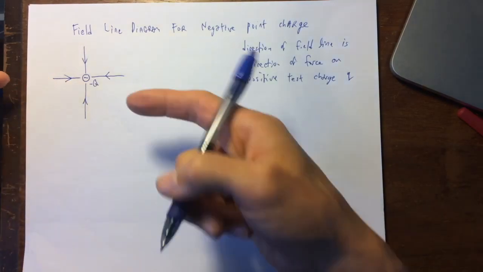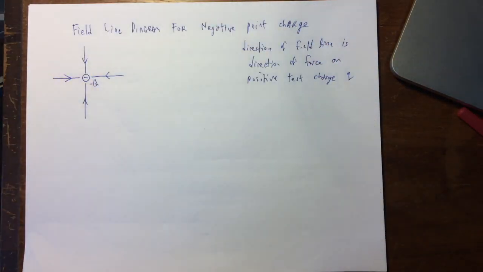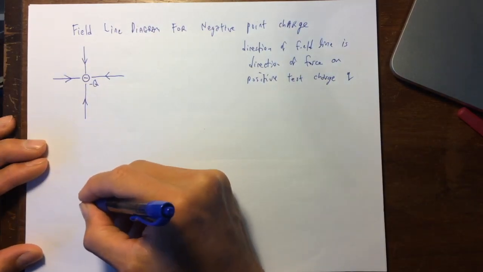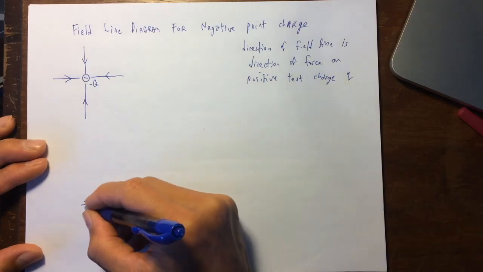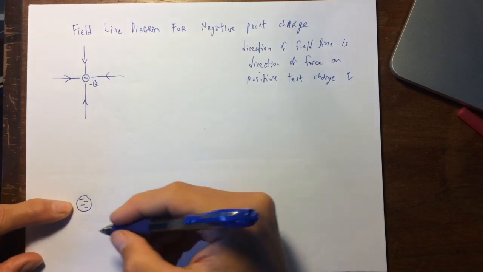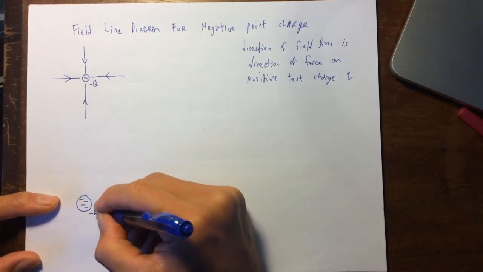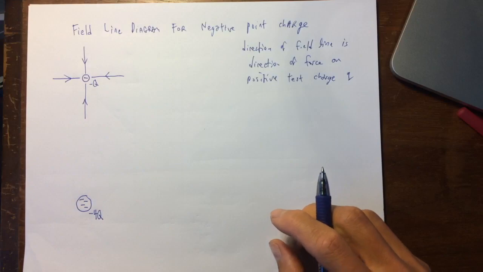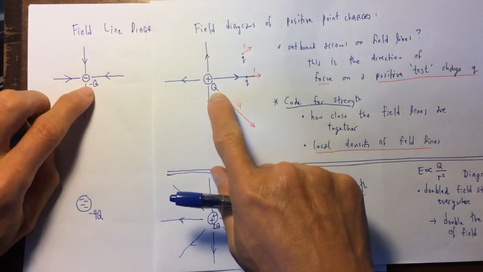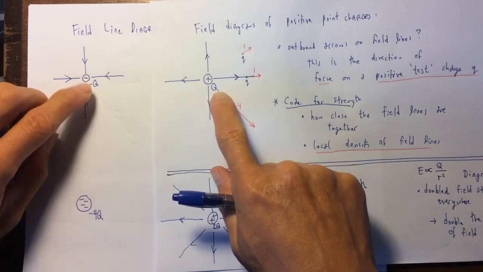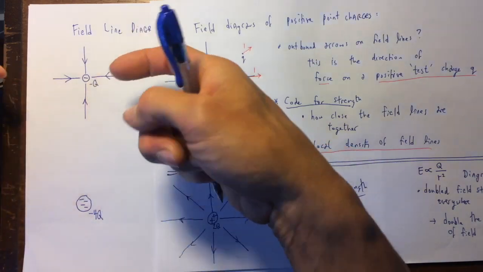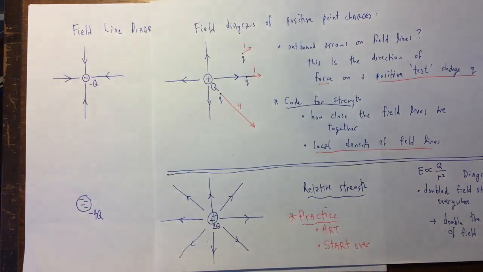So all the field lines are going to go into the negative charge. And if I had, say, a doubly negative, or actually, why don't we make it 4 times as negative? So this charge here is very negative. In fact, it's negative 4q. So looking at the earlier diagrams, here is the same amount of charge, but of opposite signs. So a positive test charge is pushed outwards in one case, and drawn inwards in the other.